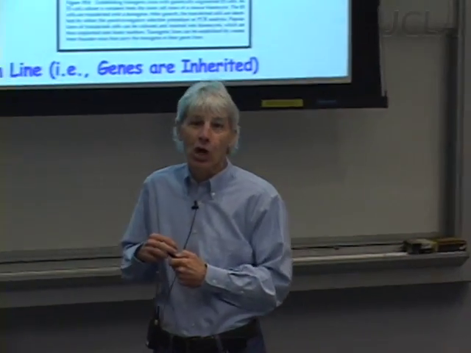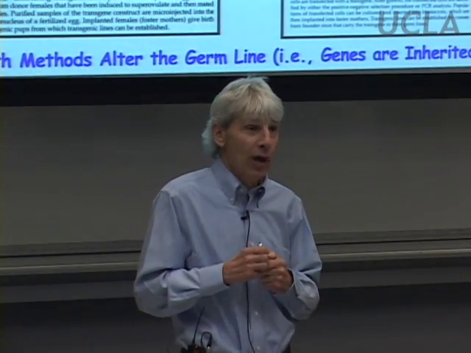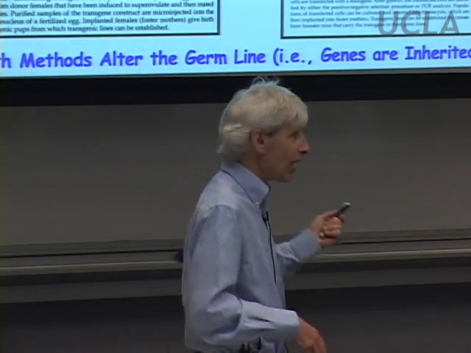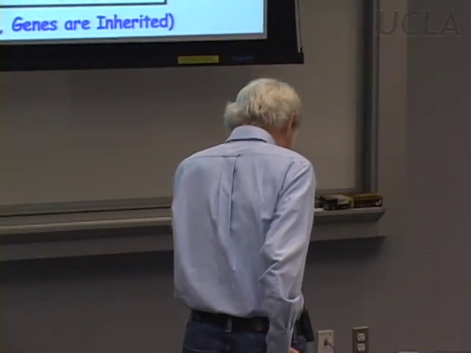You can select for them using selectable markers, just like you would be working with bacteria or yeast. And then you can take those cells, inject them back into the embryo of the mouse, take that embryo, inject it back into the mother mouse, and you get little genetically engineered pups out that have the genes in all of their cells. This is all extremely simplistic, of course.